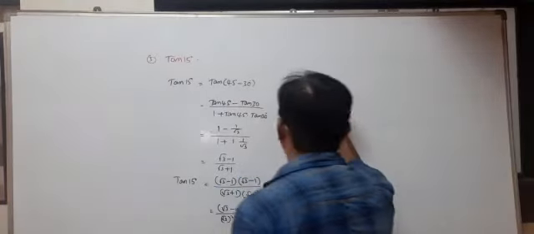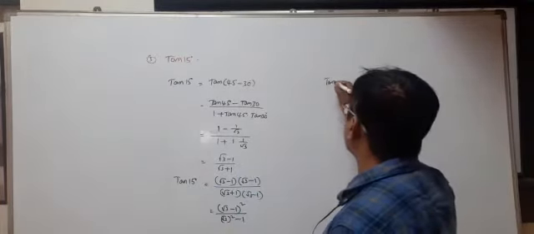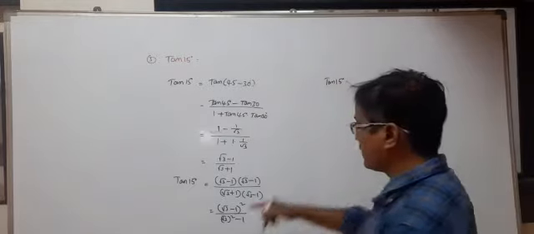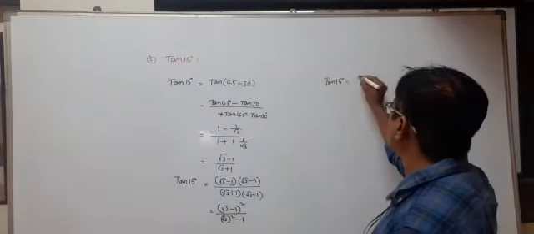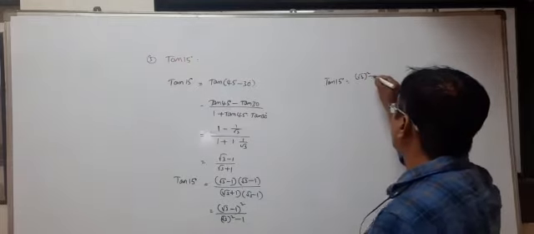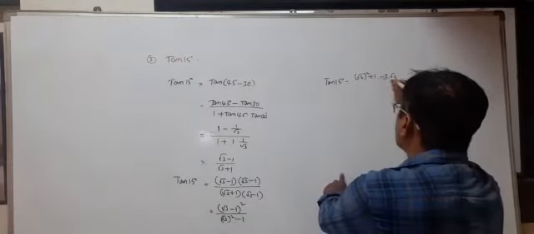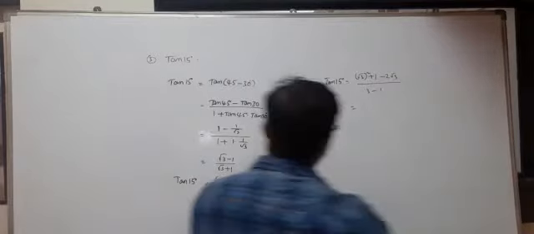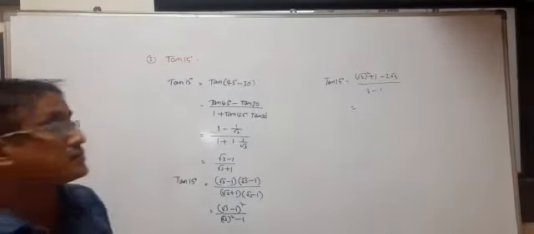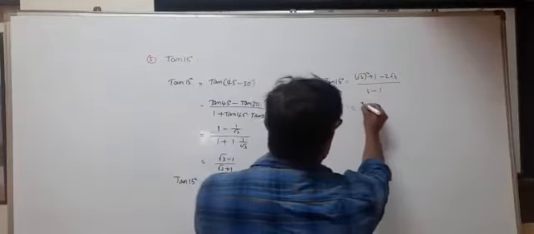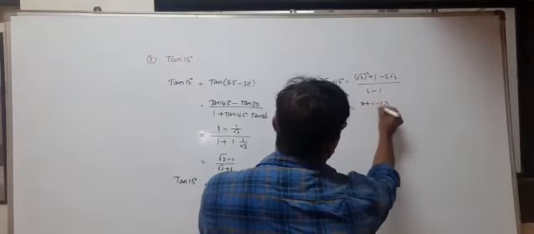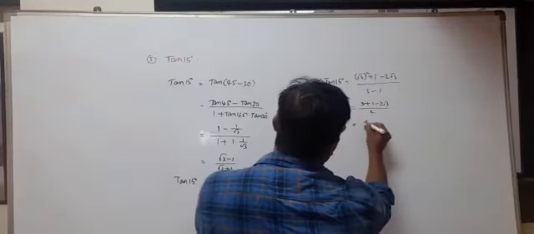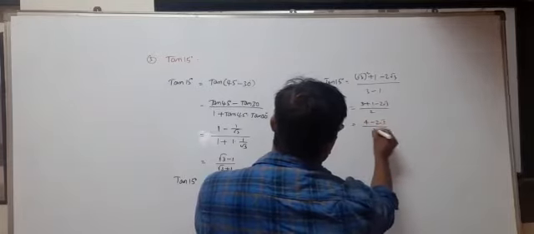So you know the formula for (a minus b) whole square, that is root 3 whole square plus 1 minus 2 root 3 by 3 minus 1. A square plus b square minus 2ab. So 3 plus 1 minus 2 root 3 by 2, 4 minus 2 root 3 by 2.